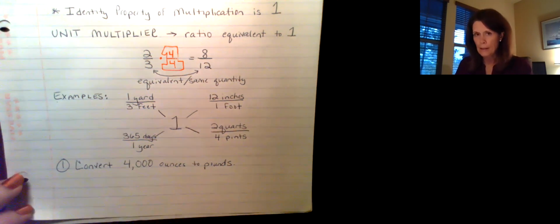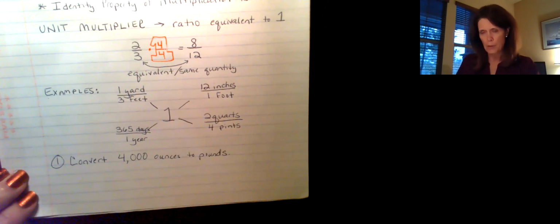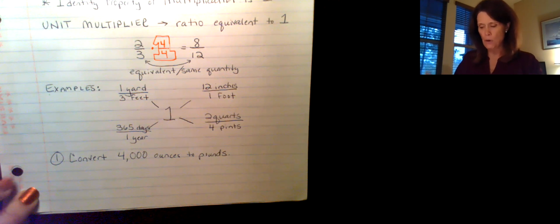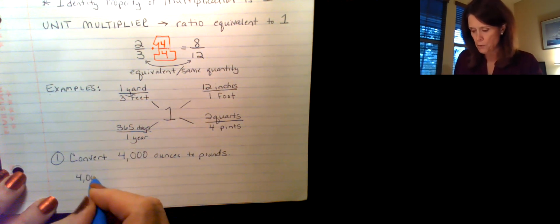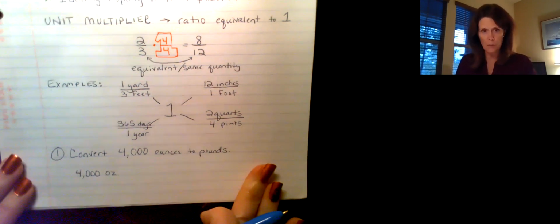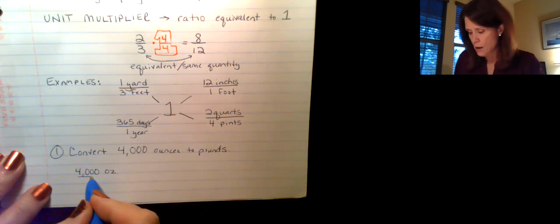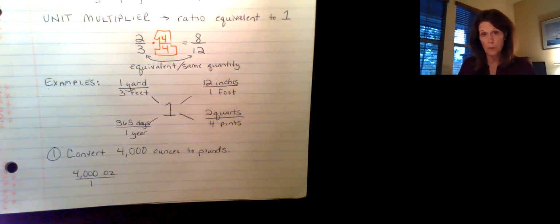But you probably didn't do it with a unit multiplier. So when we use unit multipliers, because they're ratios, we have to set up our problem as a ratio. So we start with 4,000 ounces. Really important that we include the label. And that's just, we're going to make it into a fraction over 1, right?